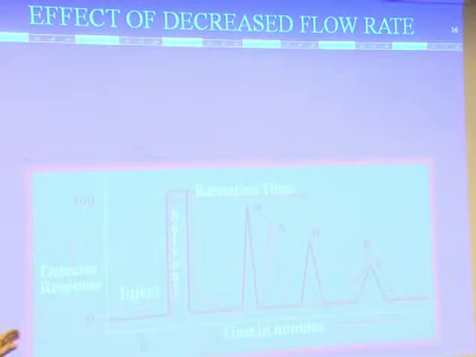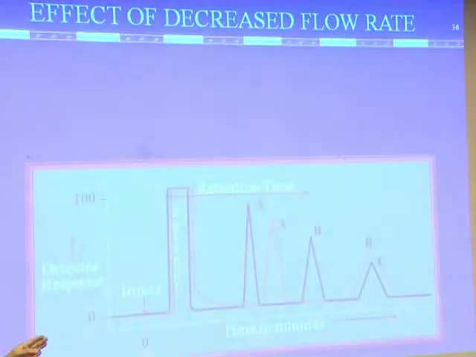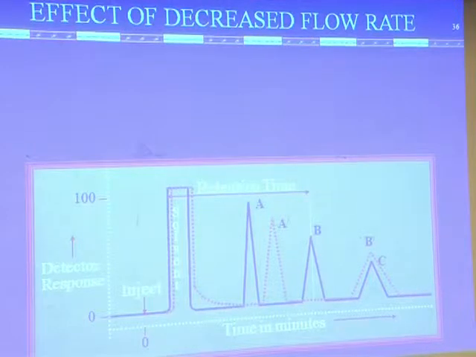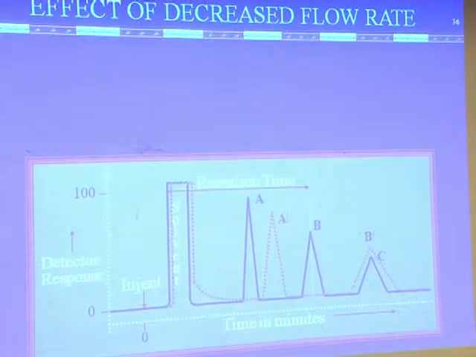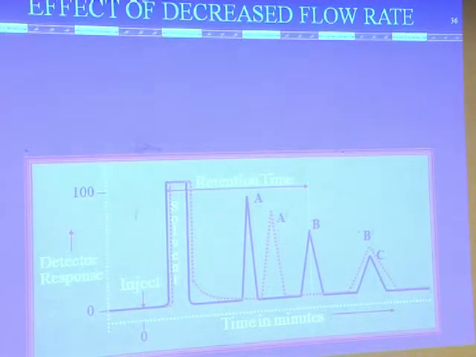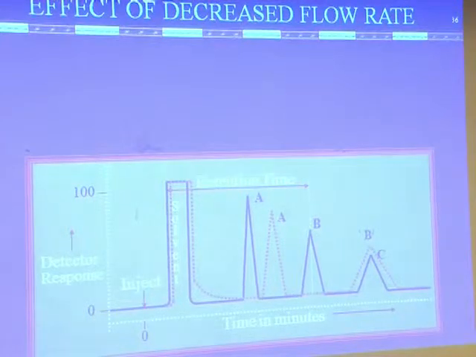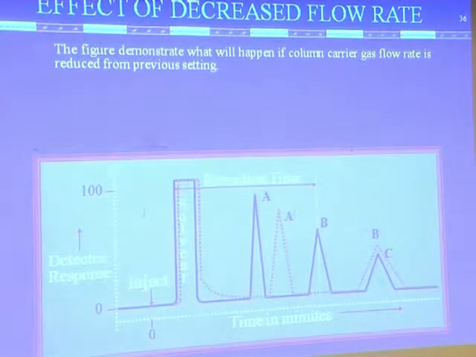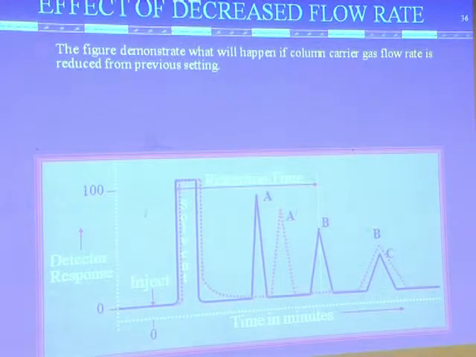So in the dotted lines, A is shifted to a higher, B shifted to a higher retention time, and C in fact has gone beyond. It is very obvious, as we have seen in that experiment also, that if there is a decrease in the flow of mobile phase, then there is also an increase in the retention time, because Ux, we said, is directly proportional to U.